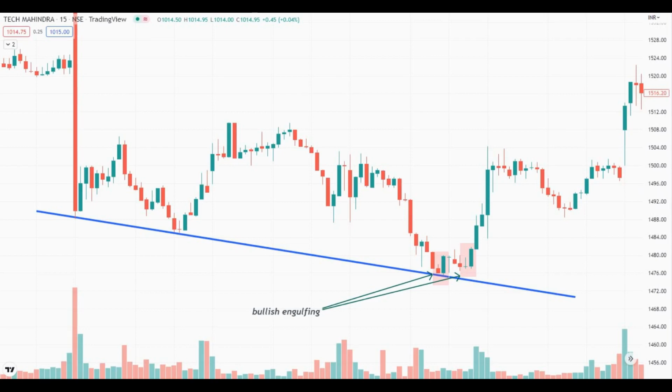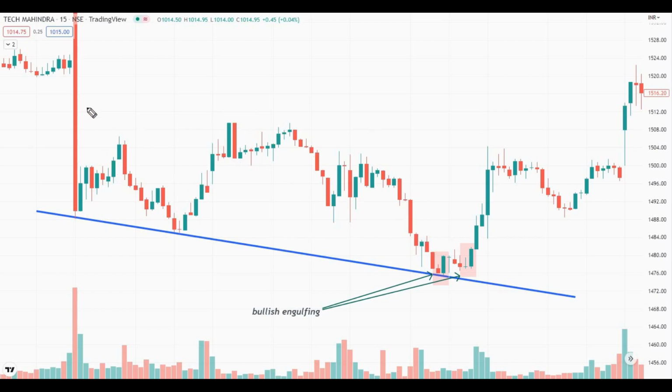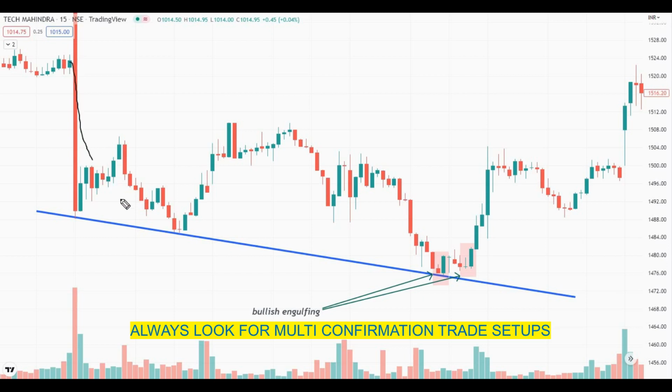See, market is in a downtrend, lower high lower low pattern it is forming. Here buyers tried but they failed, so eventually prices sold off towards the lower side. But what is happening, market is in a downtrend, but here see there is a trend line support, and what are prices doing?